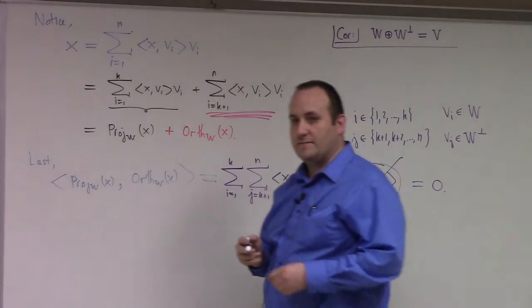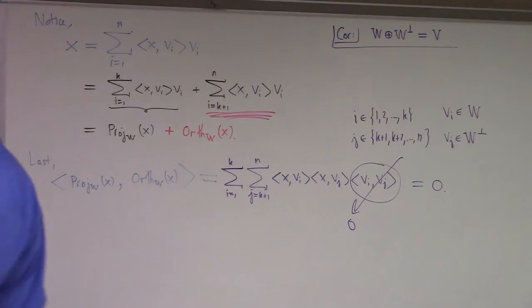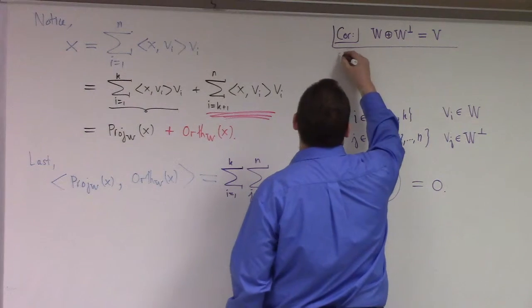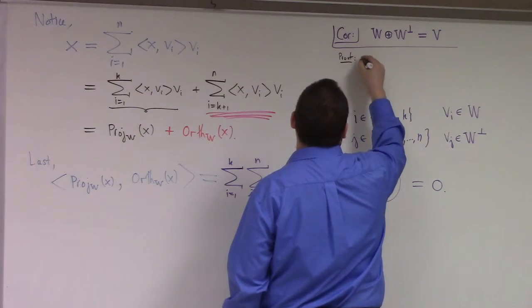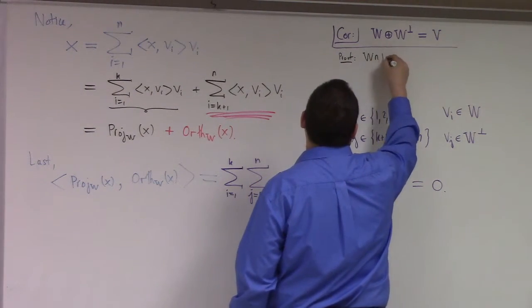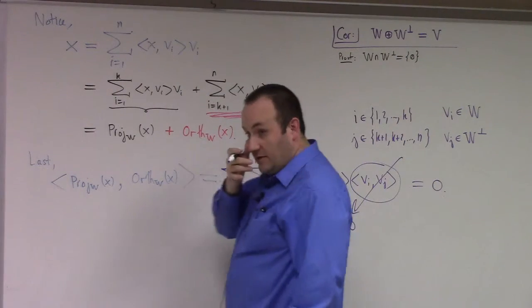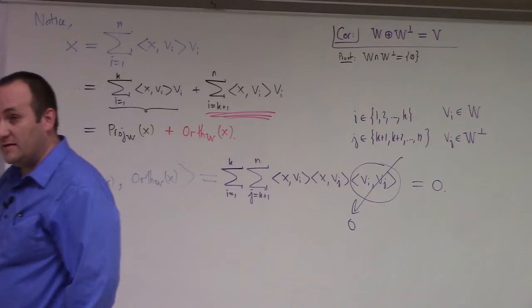What's the proof of that? Well, first of all, we already proved earlier today that W intersect W perp is 0, so I know that these subspaces are independent.